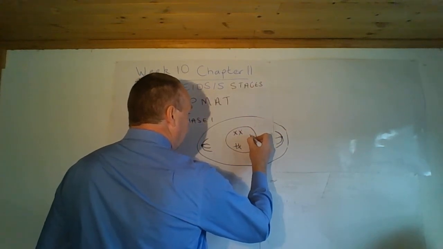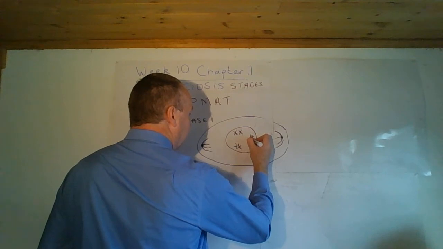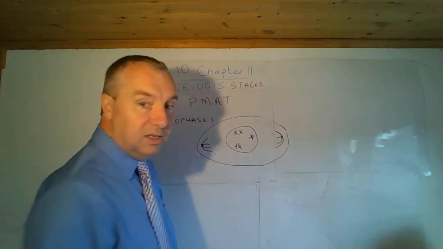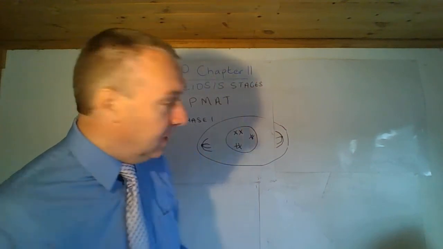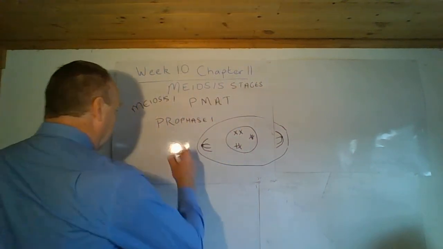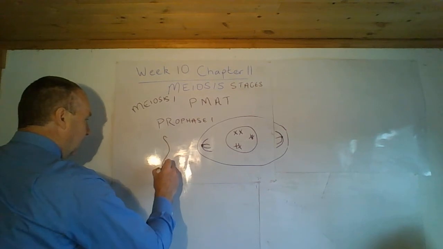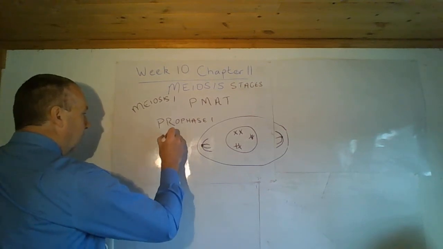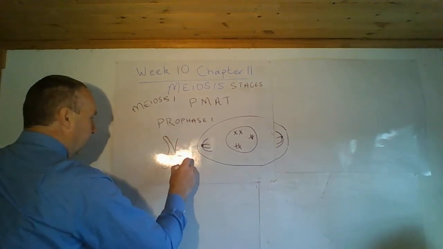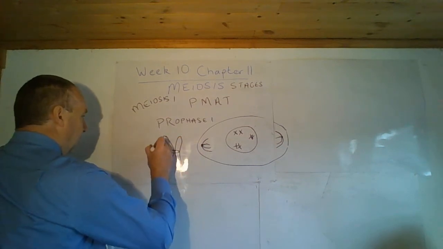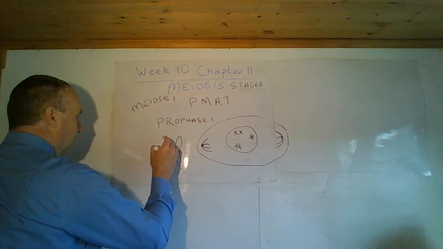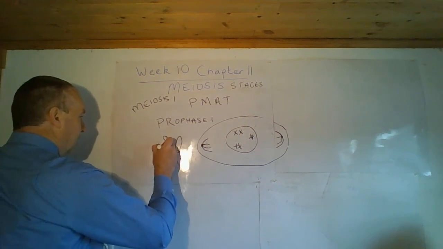What's really important about this is we will start to see some crossing over. Just so you can see this bigger, I'll give you an idea of what crossing over looks like. So this is one pair, and another pair of chromosomes comes along and crosses over.